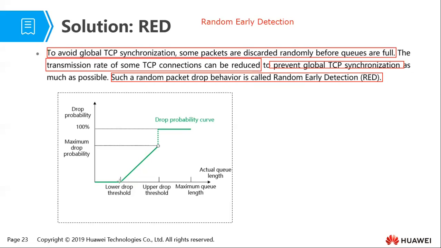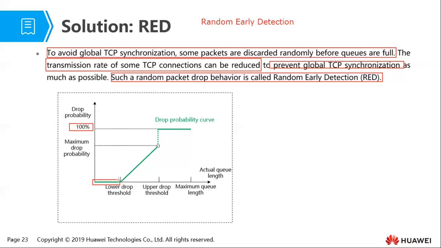Let me explain using this diagram here. This is the queue when it's 100% filled. When the queue is not very busy, as we can see here, we do not have any packets being dropped.